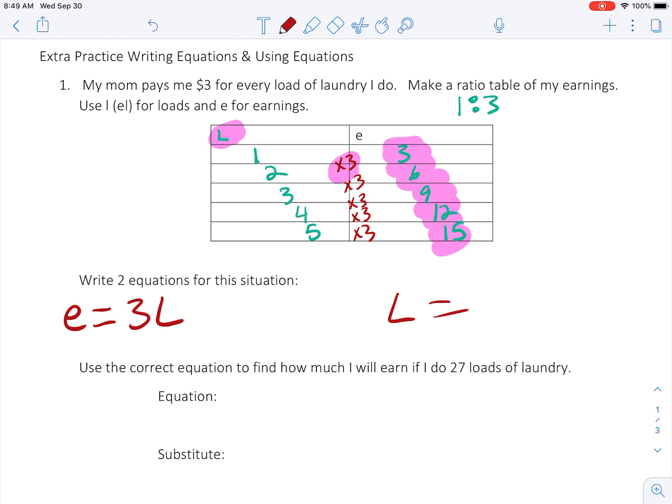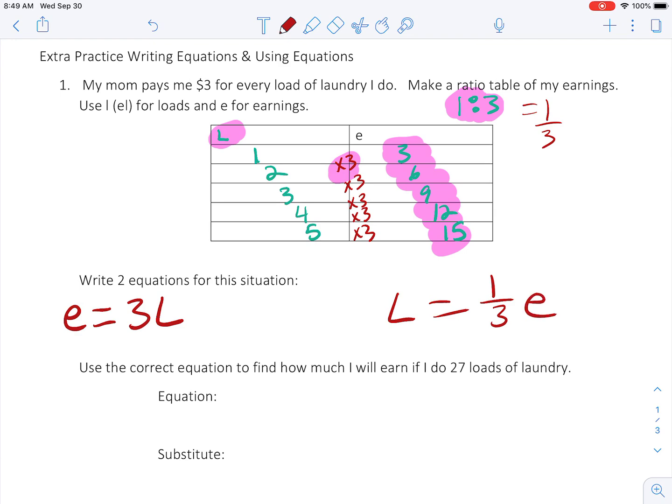Remember, when you have a variable, which is a letter that represents a number, next to a whole number, that means to multiply. Now if I'm trying to find L, I have to use the value. So the value 1 to 3 is going to equal 1/3. So L is going to equal 1/3 E.